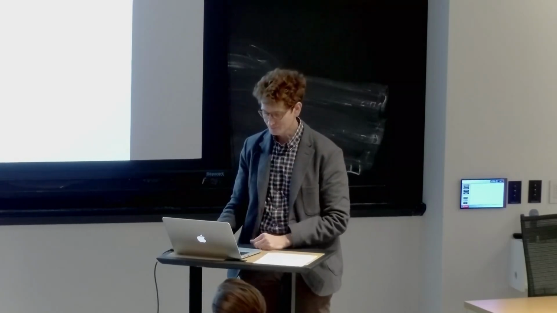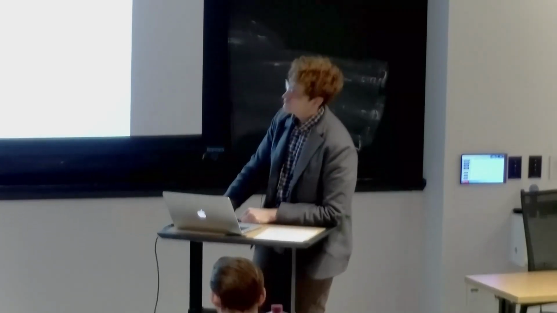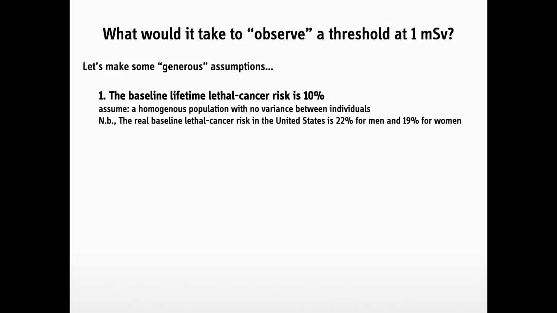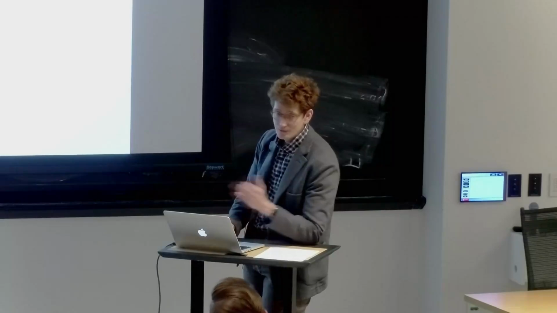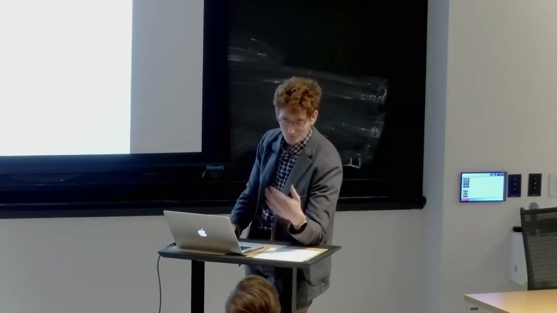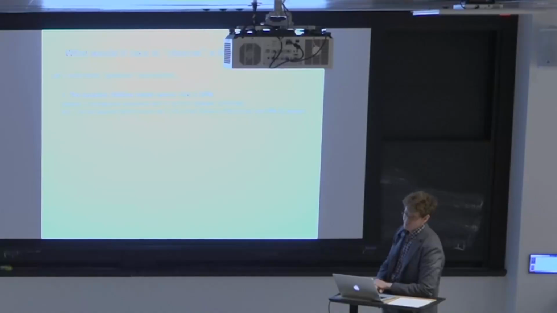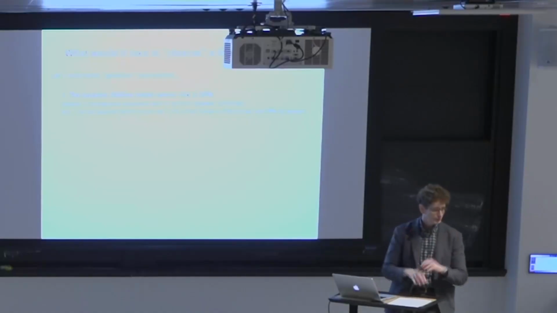Half of background. All right, now we need to make some assumptions about how the world works in order to run this model. So our first assumption is we're going to assume that the baseline lifetime lethal cancer risk is 10%. Now, earlier I said it was 20%, which is true. But what we're going to do is assume it's 10% in this little thought experiment.